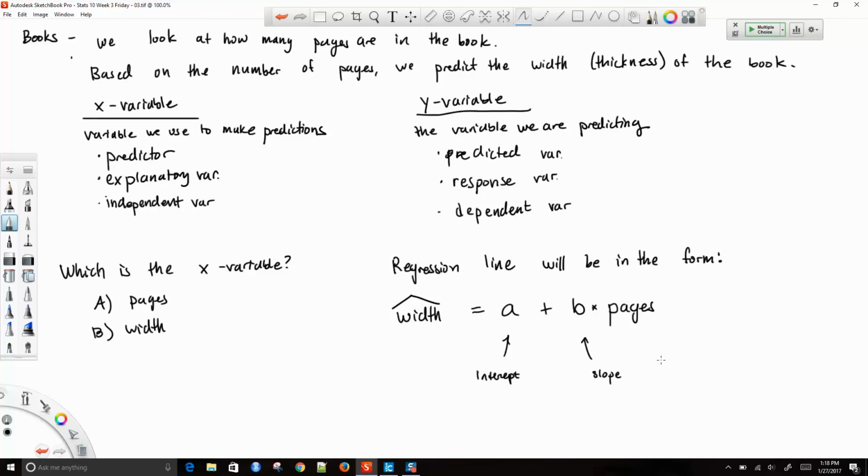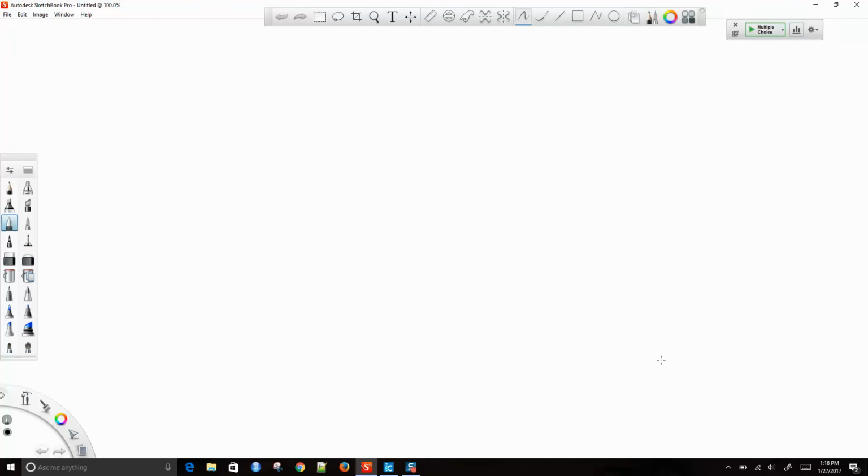Okay, so let's get the actual intercept and slope, and here I'm going to just use some pre-calculated values for us. Okay, so here we've got, I'm going to just throw some dots up on the chart here.